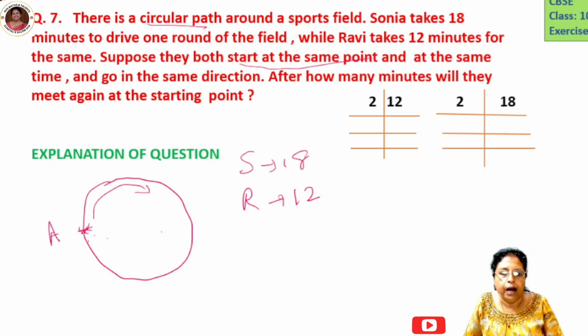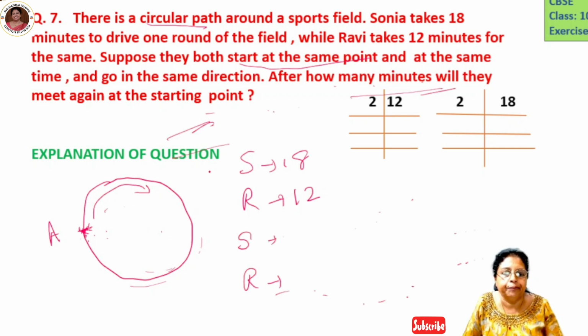That means Sonia starts from here. The first 18 minutes she reaches here. After again 18 minutes she reaches again at A. Again third time after 18 minutes she reaches. But Ravi reaches at A after 12 minutes. See here, we can say Sonia starts from here and reaches here after 18 minutes.